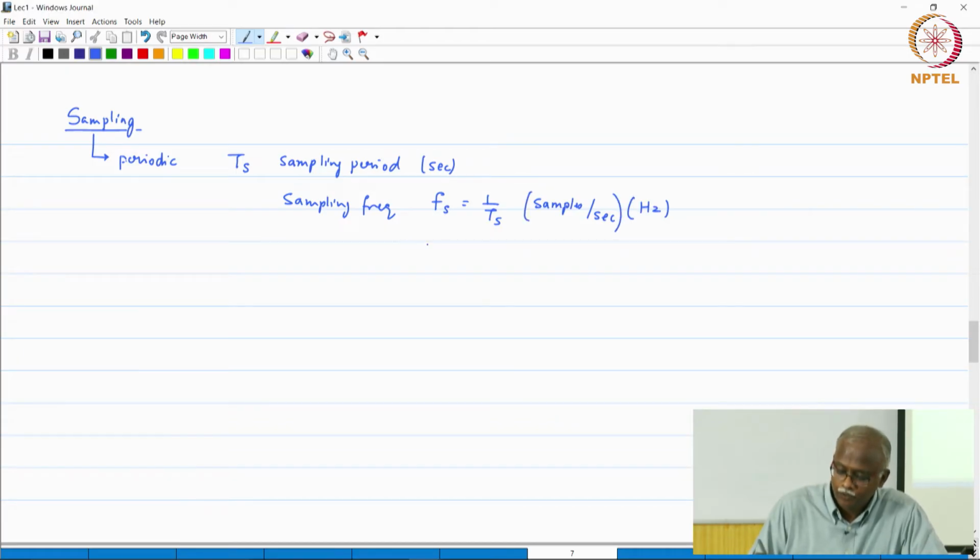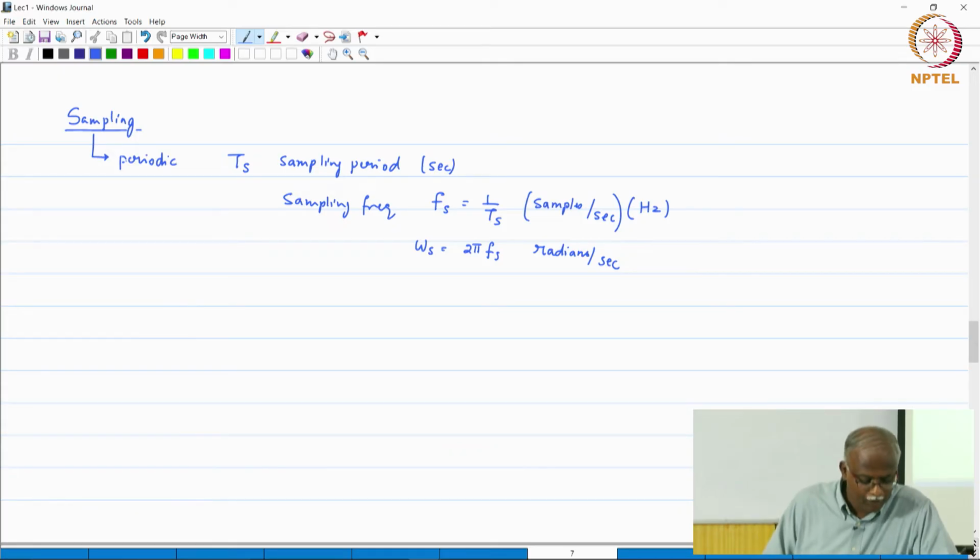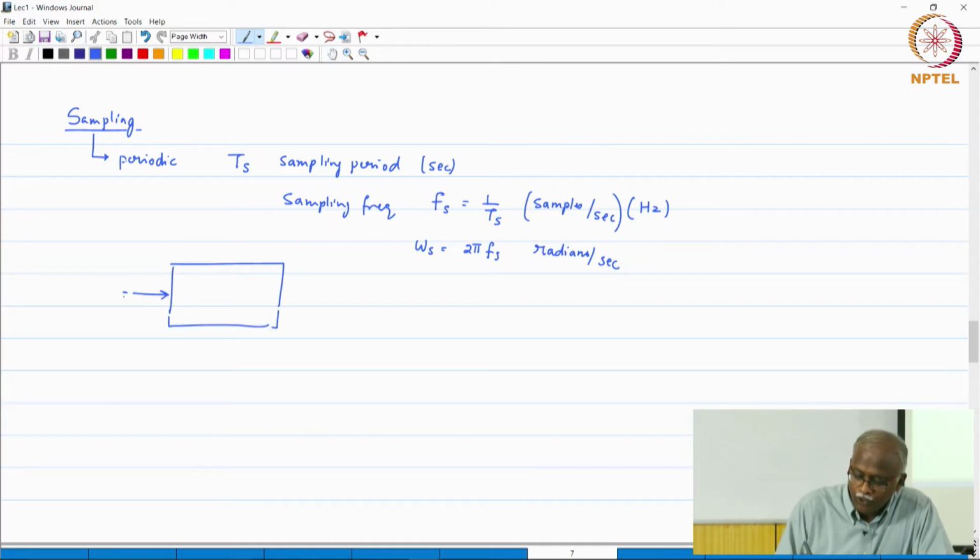And of course we have omega s, that is 2 pi Fs. This would be in radians per second. You just need to be equally comfortable working with this. So we have an underlying process where we would like to go from the continuous time domain xc of t to a discrete time.